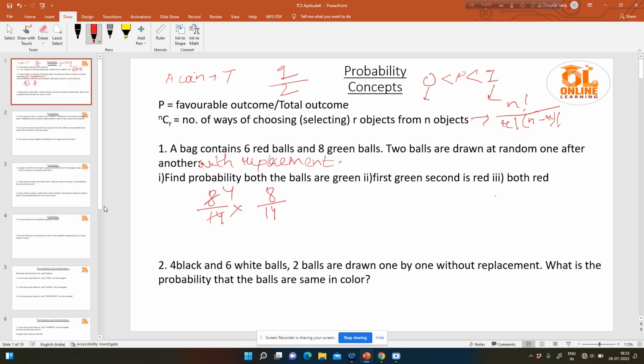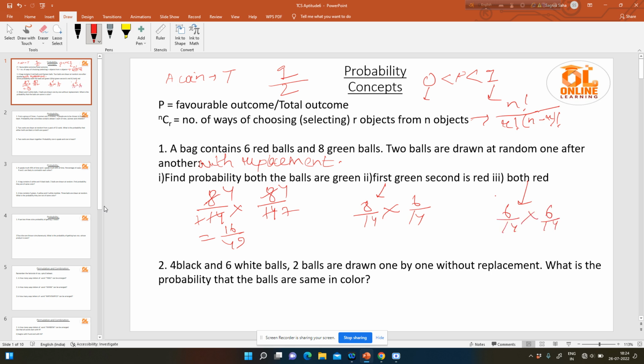We can reduce it as 4 by 7 into 4 by 7, that would be 16 by 49. First green and second red: for the first time it would be 8 by 14, then as red are 6 balls, 6 by 14. And if both are red, then 6 by 14 into 6 by 14.